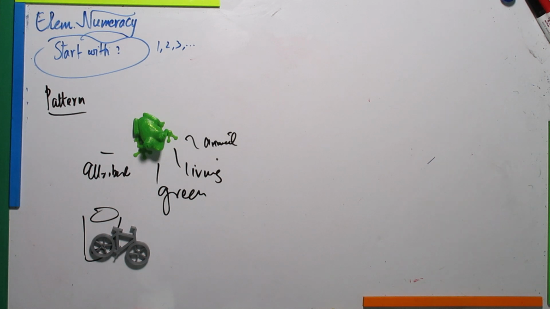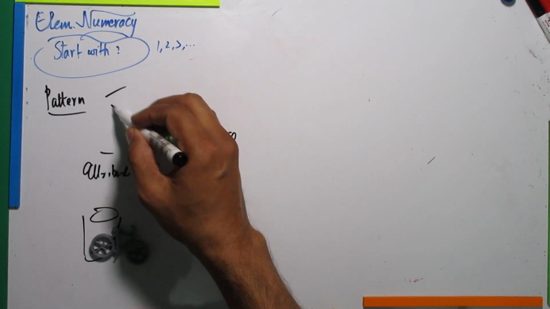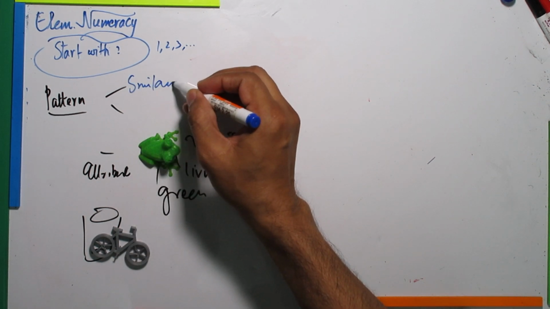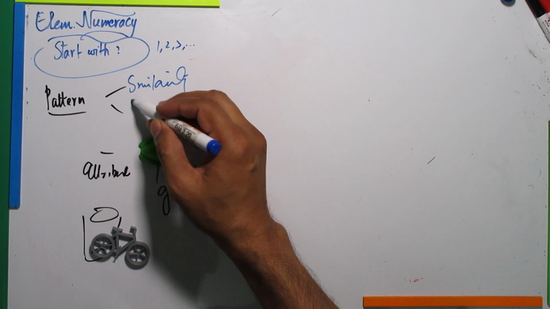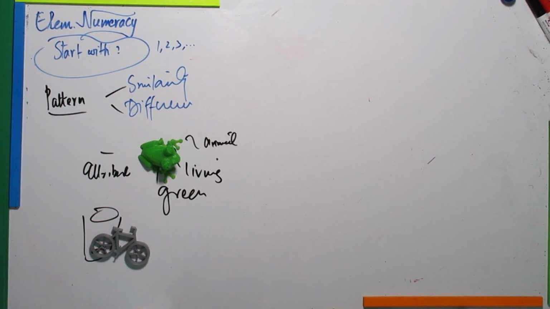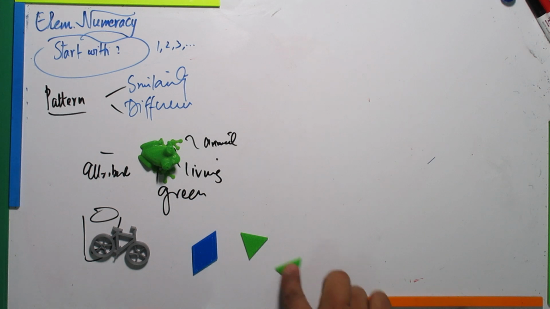This is the built-in thing that we start with: patterns on the basis of similarity. Is it a friend of this? Does it look like that? Will it go with it? And on the basis of differences. It comes very naturally. If you see, will it make friends with this or with this? Children will say, yeah, it looks like it's of this family.